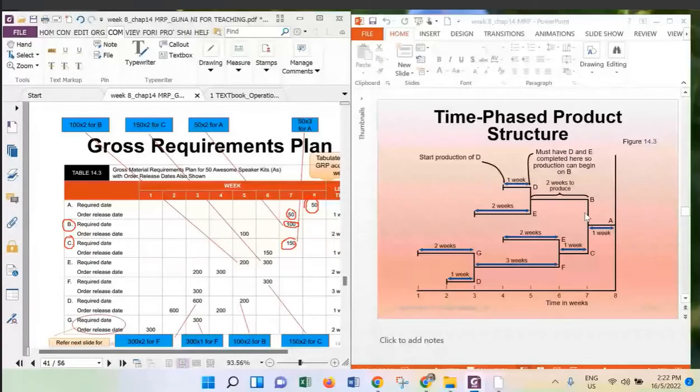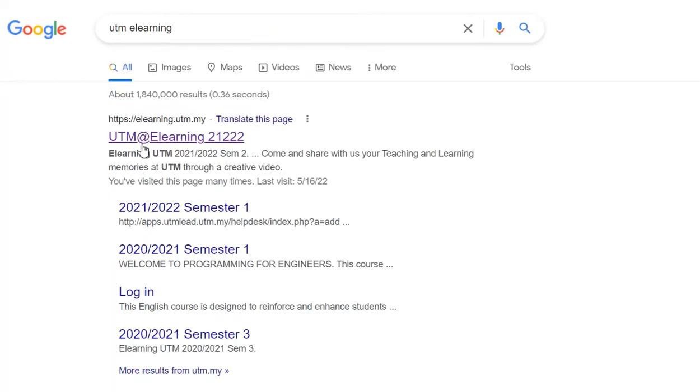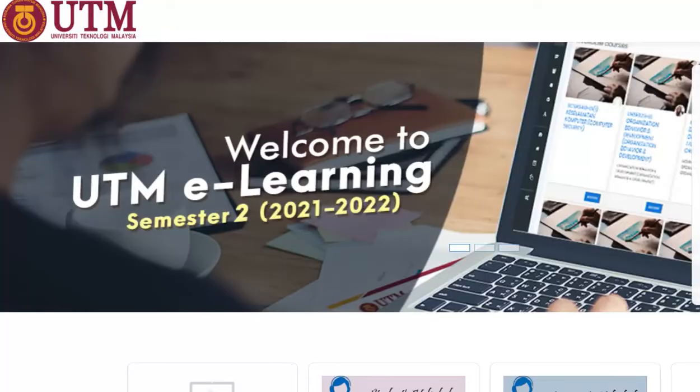So order release for B is on week 5 and order release for product C is on week 7 because it requires 1 week to complete C and 2 weeks to complete B. Okay, boleh faham? Senang kan?